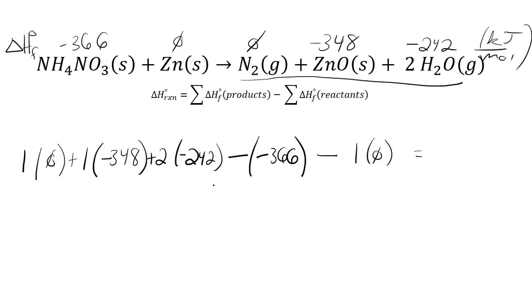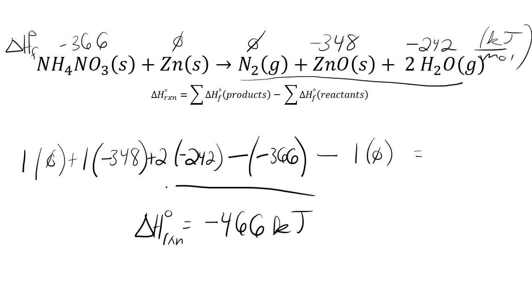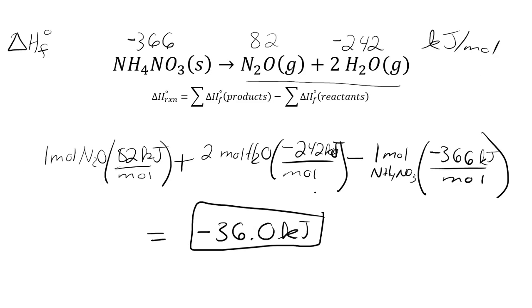All right, so we've subtracted both of our reactants from all of our products, and we end up with negative 466 kilojoules, and that is our enthalpy at standard conditions for this reaction. So is that bigger than before? Absolutely.